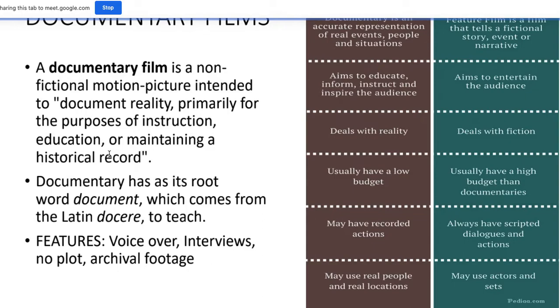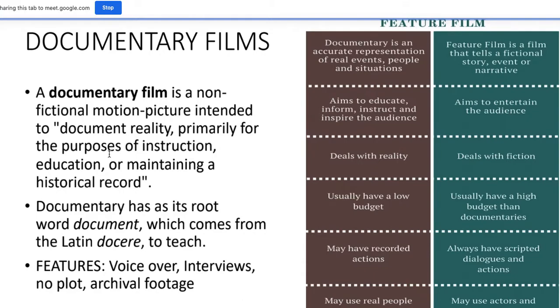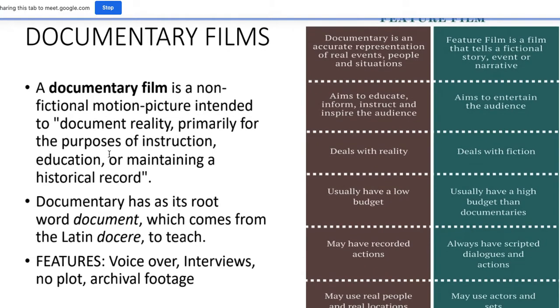I put up a table there which helps us to identify the differences between the feature film and the documentary film. So it's an accurate representation of real events. And the filmmaker, even if he or she may have an agenda, does not have the freedom to falsify the situations.